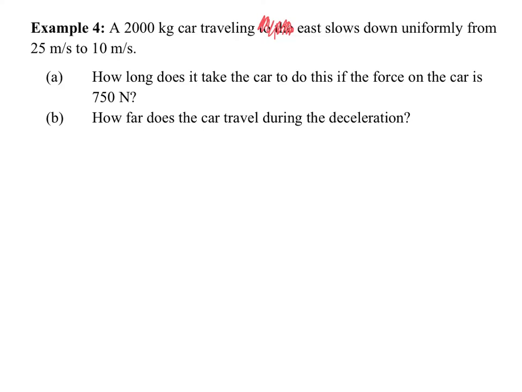Time. So if you think about the impulse momentum theory, you have time as one of your missing variables in it. You have a force that's applied to slow it down. If the force is slowing it down, what do you know about the force itself? Yeah, its direction is negative. It's a magnitude of 750, but it's in the negative direction.